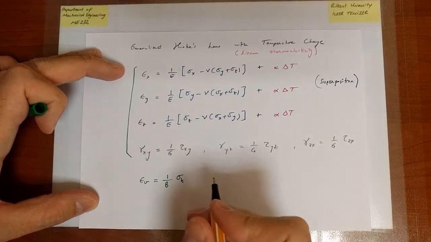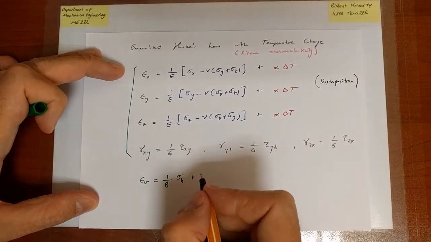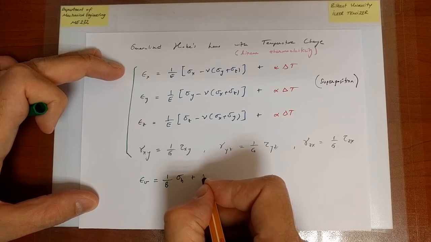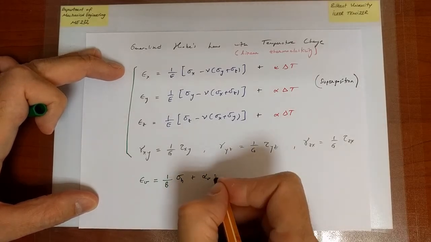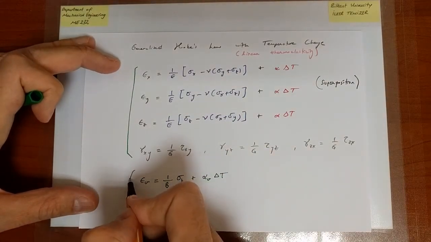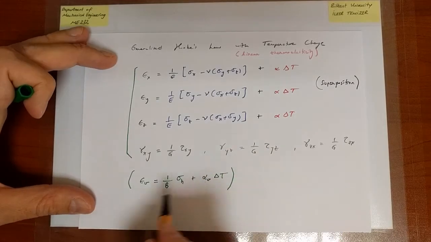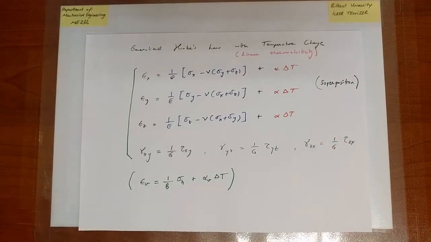That is equivalent to the summation of the blue terms. And if I sum these, I will get 3 times alpha delta T, or in other words, the coefficient of volumetric thermal expansion multiplying delta T. Okay? So on this side, we have this simple expression that relates temperature changes and hydrostatic stresses to the volumetric strain.